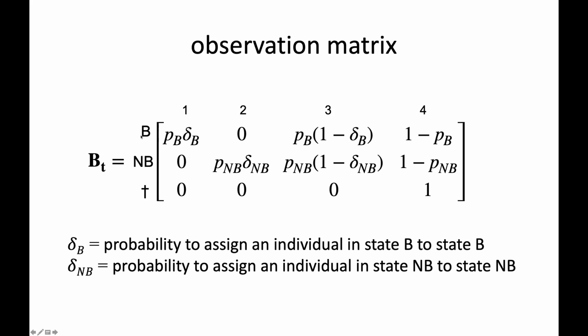Given that you are alive in state B, it's the product of the probability of being detected and the probability of being assigned to the state B. Whereas the probability of being detected with an unknown status, the 3 here, given that you're alive in state B, it's the probability of being detected for breeder individuals, because you're alive as a breeder, times the probability of not being assigned to the breeder state, right? And so on. So this matrix here is really a combination of the detection process and the state assignment process.